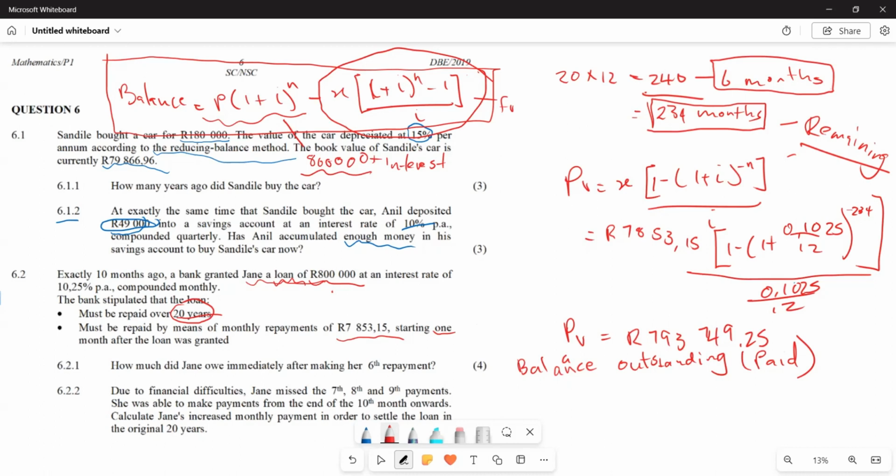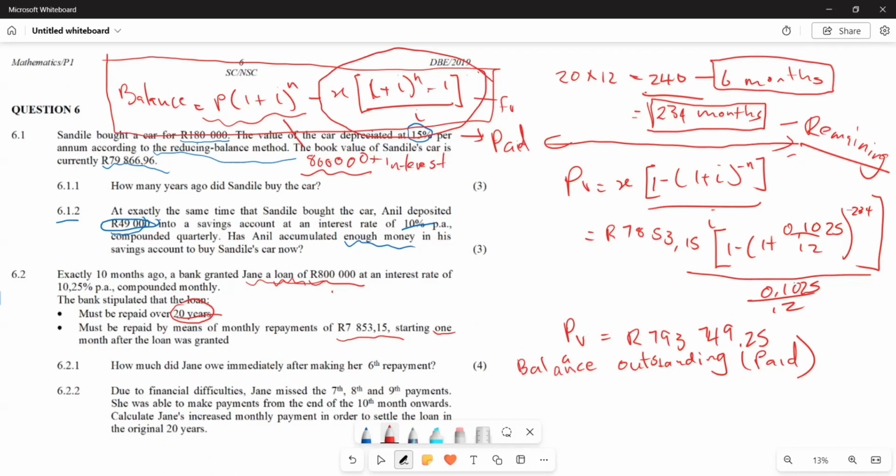So please make sure that you know that. So this is going to be the balance, or rather the money and the interest and the monthly repayments. So this is going to be that when you are using this particular formula. And don't forget, when we are using this formula, you are going to calculate for the months that have already been paid, while when we're using this other one, we're using the months that were remaining.